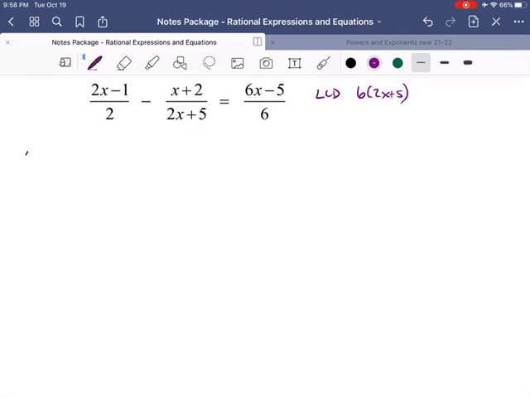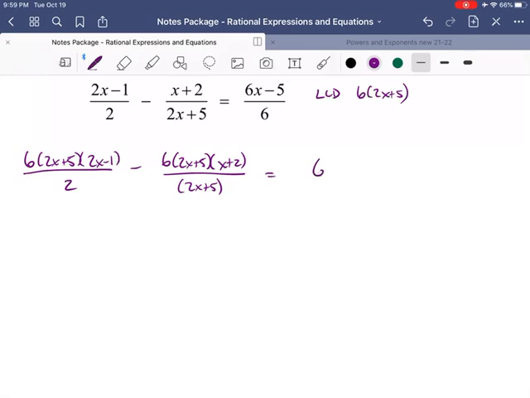So let's multiply 6 and 2x plus 5 multiplied by 2x minus 1 over top of 2. And then we're going to subtract 6 and 2x plus 5 multiplied by x plus 2 over top of 2x plus 5. And that's going to equal 6 and 2x plus 5 multiplied by 6x minus 5 over 6.